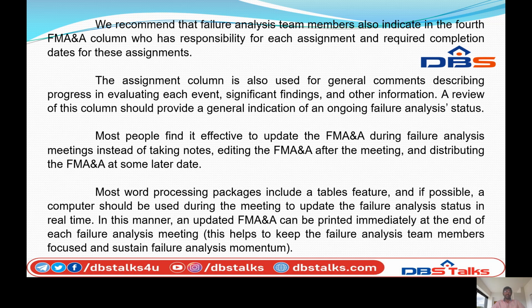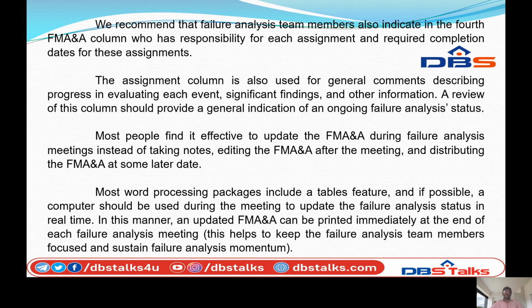Most people find it effective to update the FMA during the failure analysis meeting, instead of taking notes, editing the FMA after the meeting, and distributing it at some later date.